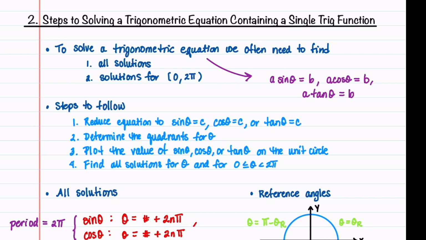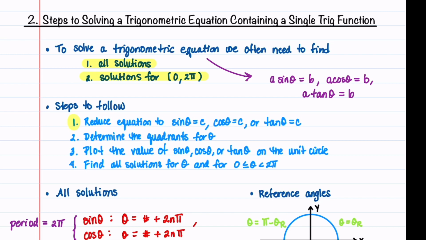Let's now go over the steps that we need to follow to solve these types of trig equations. To solve a trigonometric equation, we often need to find all solutions or solutions from 0 up to 2 pi. There are 4 steps that we can follow to solve these equations.